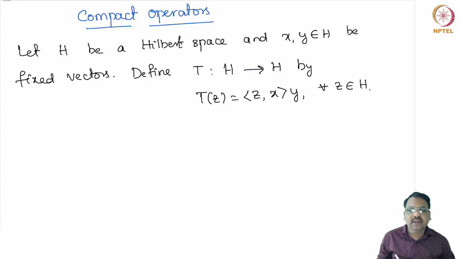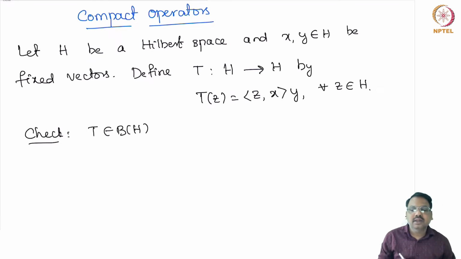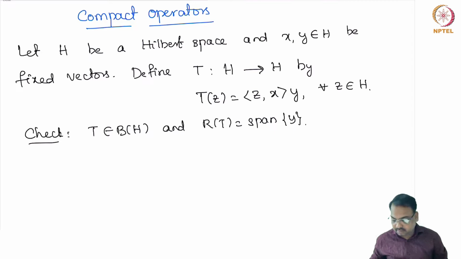We can easily show that T is a bounded linear operator. So check that T is bounded linear and the range of T is spanned by the single vector y. That means it is a one-dimensional space.